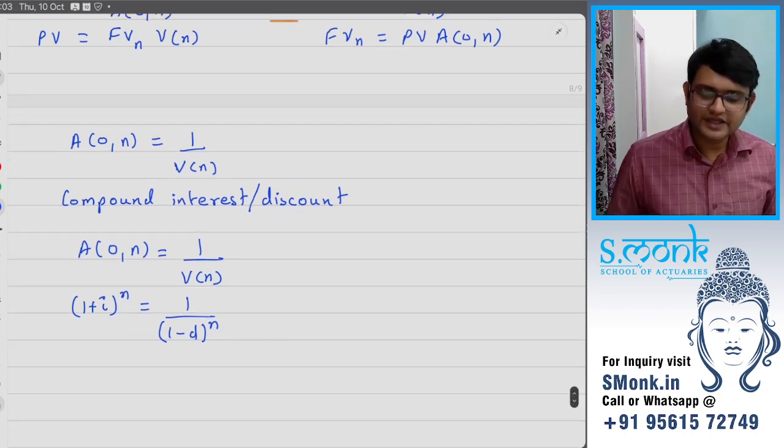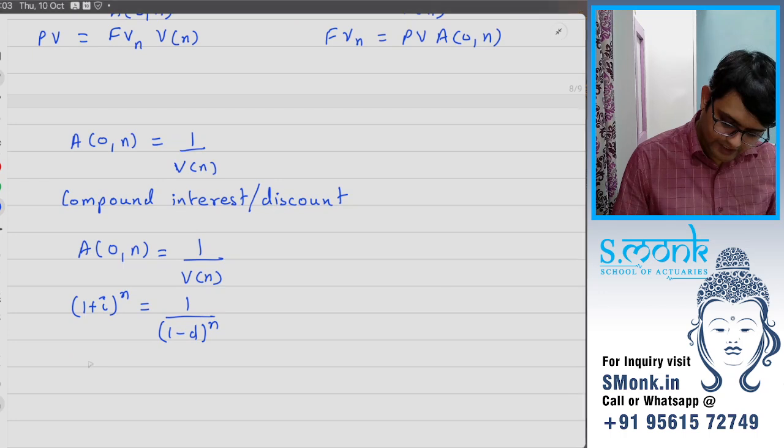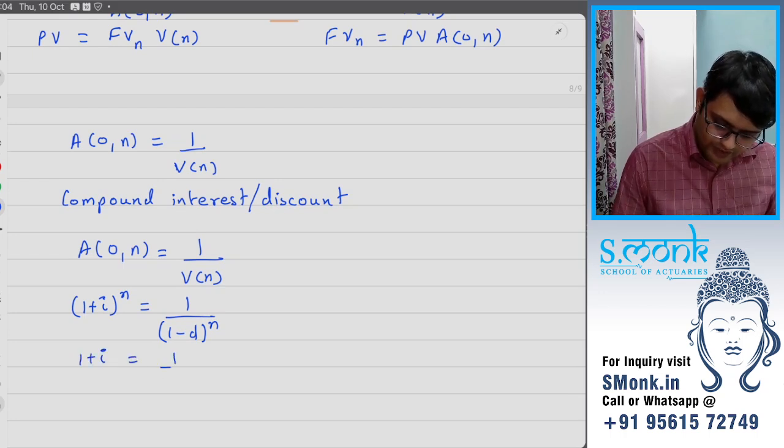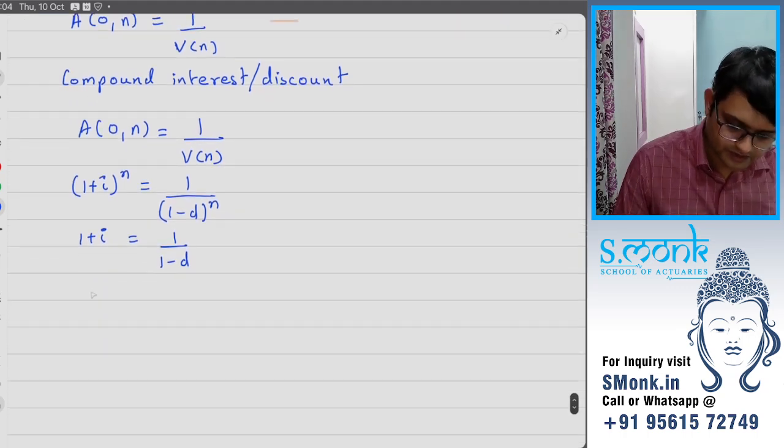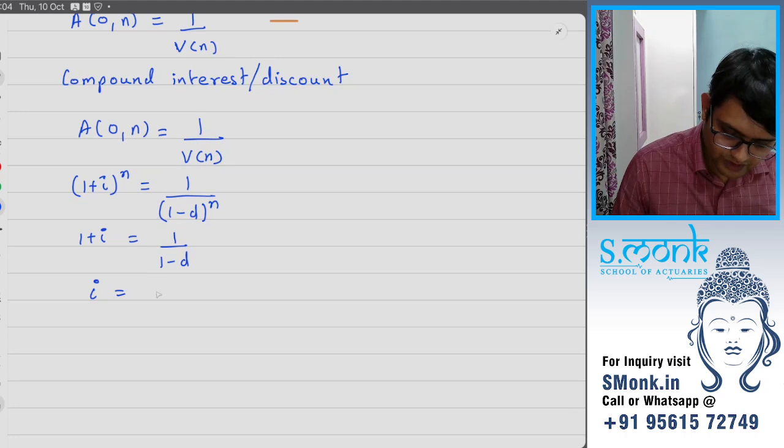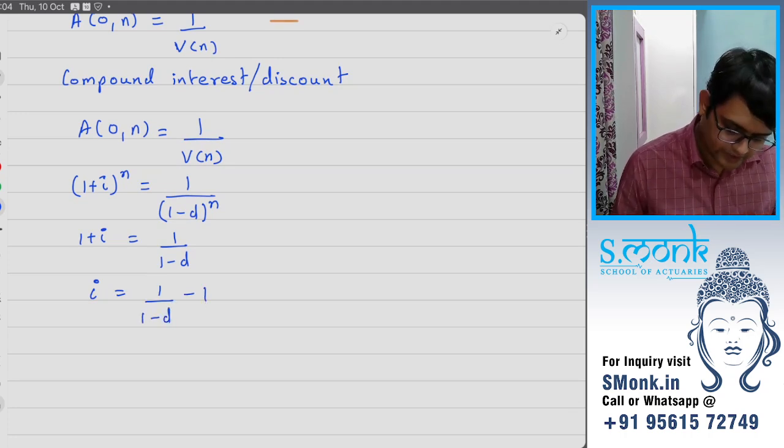Power n will cancel each other out, and I'll have 1 plus i is equal to 1 by 1 minus d. i must be equal to 1 by 1 minus d minus 1, and therefore i becomes d upon 1 minus d.